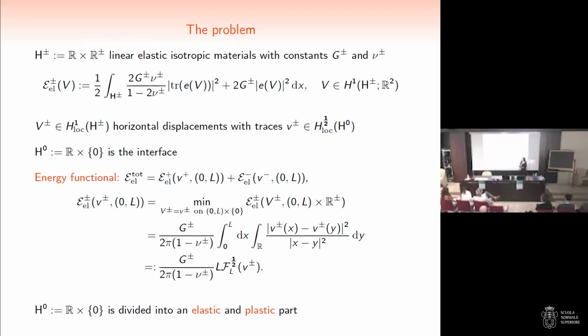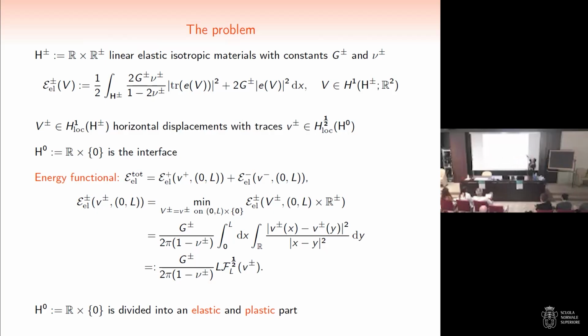The energies that depend on the trace are obtained by minimizing, among the displacements capital V in R2, the energy that I wrote in the first formula. And now, using a Dirichlet-to-Neumann map, one can show that this minimization gives back an energy that depends on the trace, small v, okay? And this is actually the fractional Gagliardo seminorm with power 1/2.